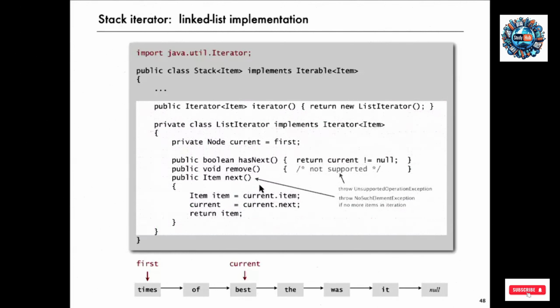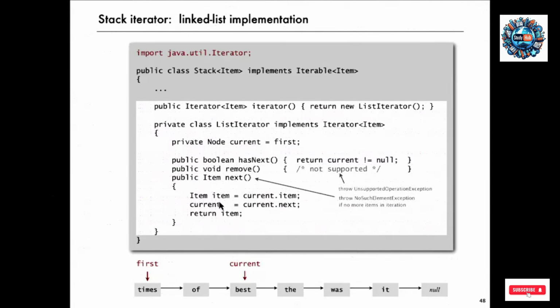So if the thing is a linked list, we're going to start out at first, that's our first item in the list, and we're going to maintain an instance variable current inside this iterator, which is the current thing that we're iterating. To get the next one, just like when we remove the first, we pull out the current item and then advance the current reference and return item, moving current to the next place.